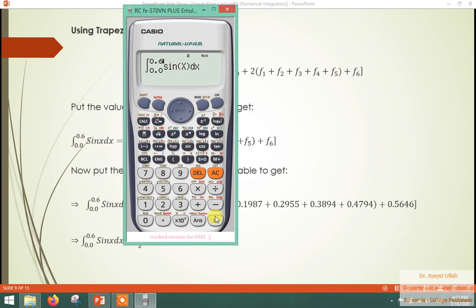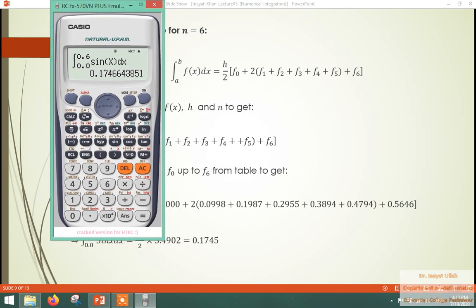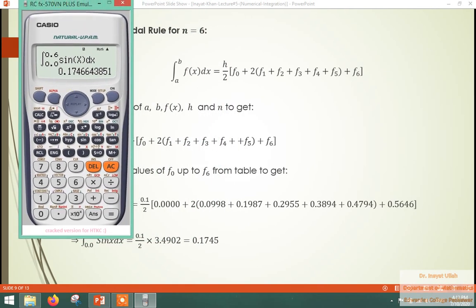When we press the equal sign, we will get this answer, 0.17466, and so on, and this is 0.174745, so that is 46, which if we round, will be 47, and this value is 45.